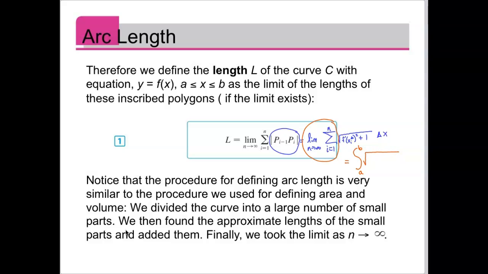Once we use infinitely many intervals, the x-axis is no longer indexed. It just becomes a continuous variable x. So that just becomes f prime of x squared plus 1. And once we use infinitely many intervals as well, what does delta x become?